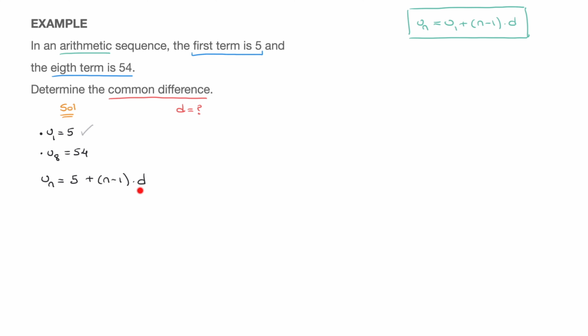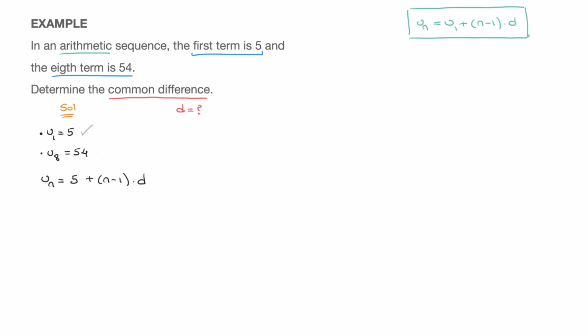And here's how. For the eighth term, u sub 8, we know that the eighth term is equal to 54. But we also know that according to this formula, the eighth term should be equal to 5 plus 8 minus 1 times the common difference d.